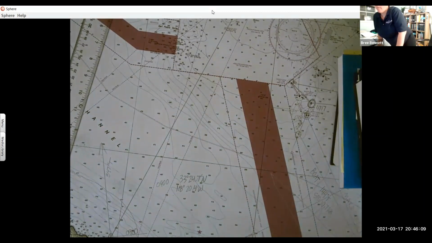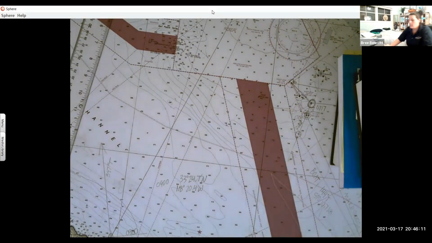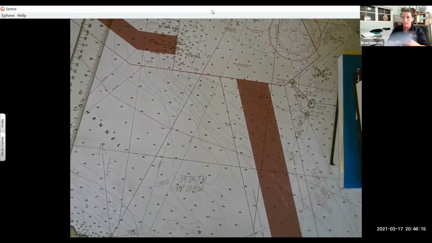Barely reaching. Okay. So this is also where I changed the assignment a little bit. I'm going to give you a set and drift for this area.